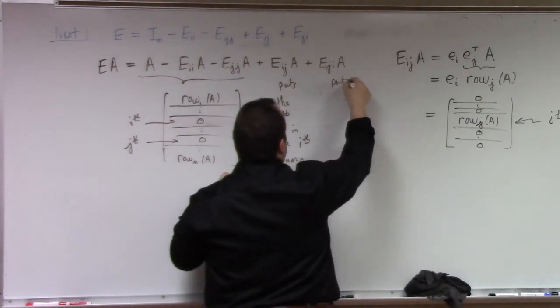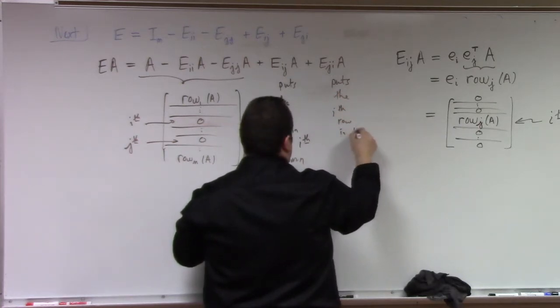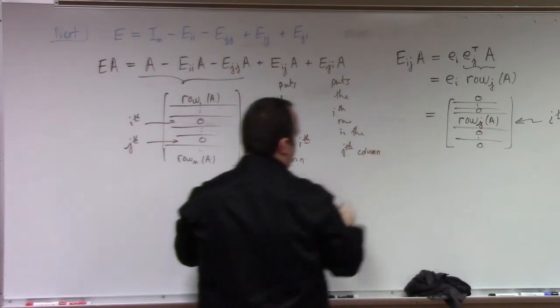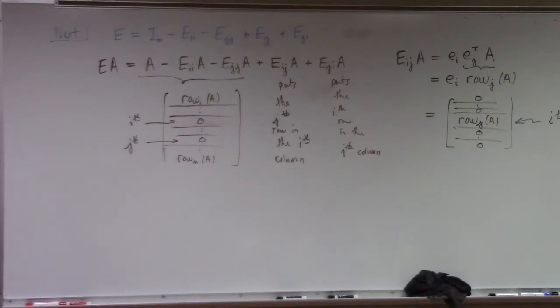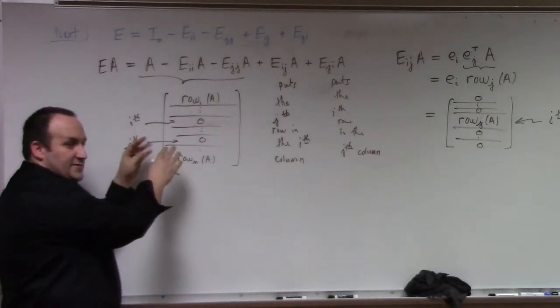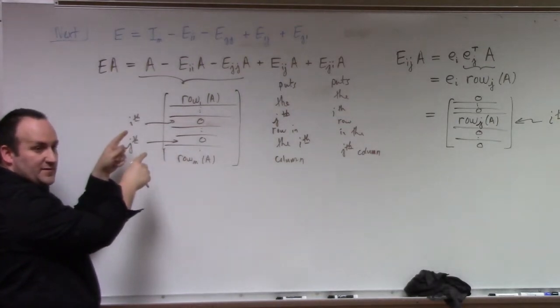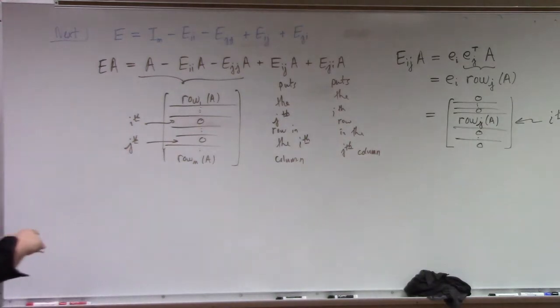This puts the ith row in the jth row. And everything else is 0 in those last two things. You add those to this matrix, which is mostly unaltered from A, except for the ith and jth rows, and the net effect is to switch row i and row j.